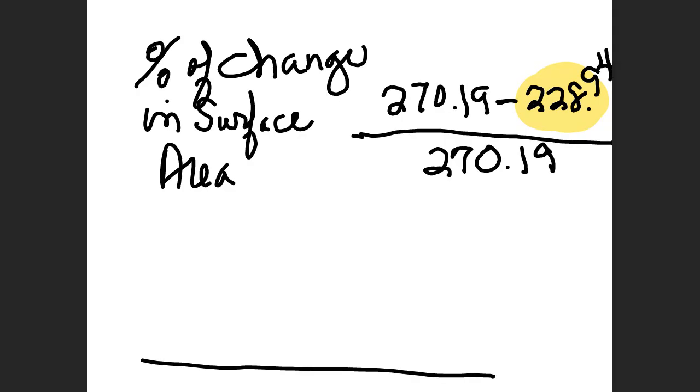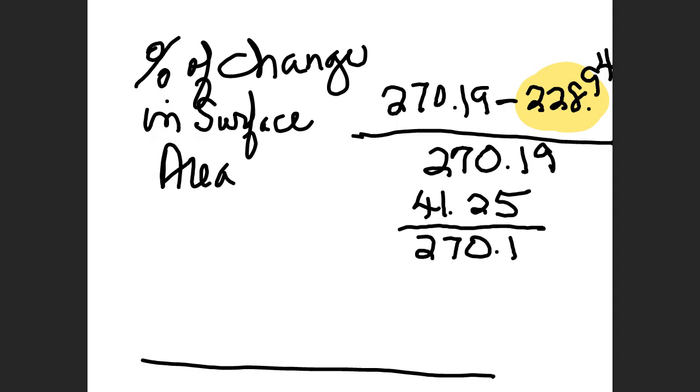This will give me the answer to C, which means I'm taking 270.19, subtracting 228.94. This will give me 41.25, and I am dividing it by 270 and 19 hundredths.